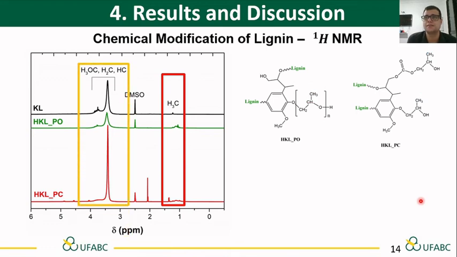An intensity increase in the signal closer to 3.5 ppm was also observed for the HKL-PC sample. This increase in intensity can be assigned to methylene and methine groups of hydroxypropyl units. This intensity increase was not verified for the HKL-PO sample, probably due to inadequate sample preparation for NMR analysis.